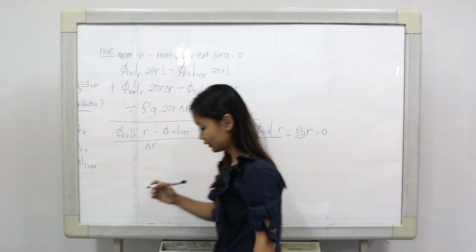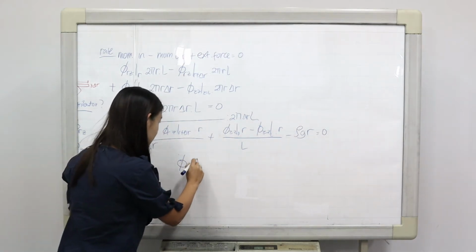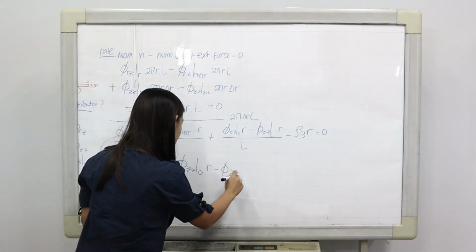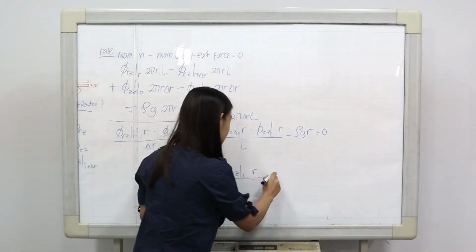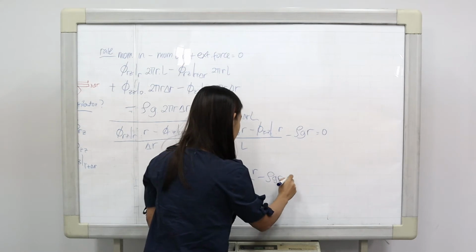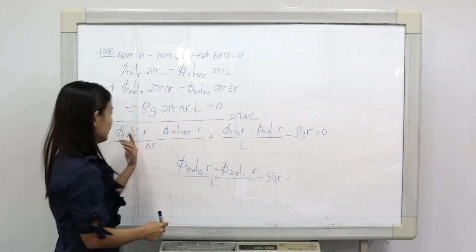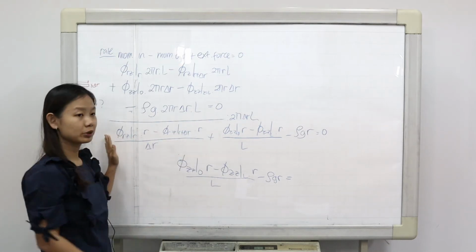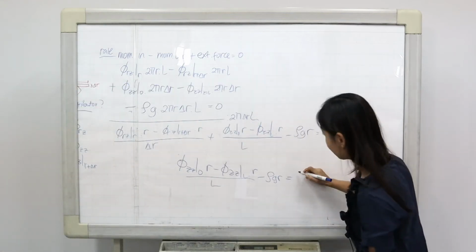And what I will get is VZZ at 0 minus VZZ at L, divided by L, minus rho g R equal to, because this part moves there, the one with the negative sign becomes positive and the one with the positive sign becomes negative, so it has the opposite sign.